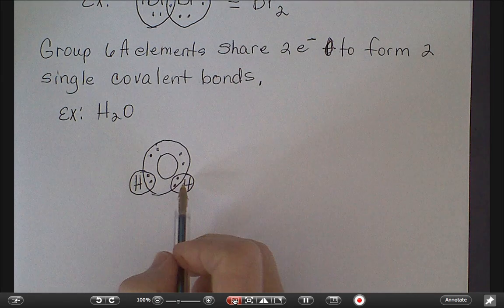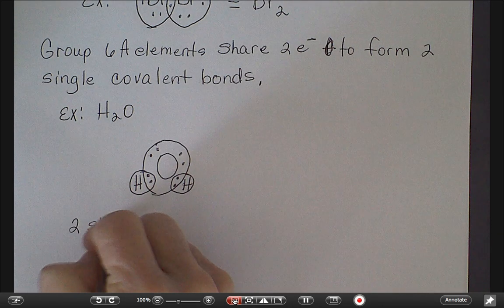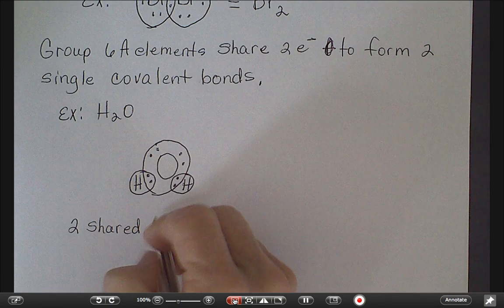Now, this is 2 shared pair. 2 shared single covalent bonds.